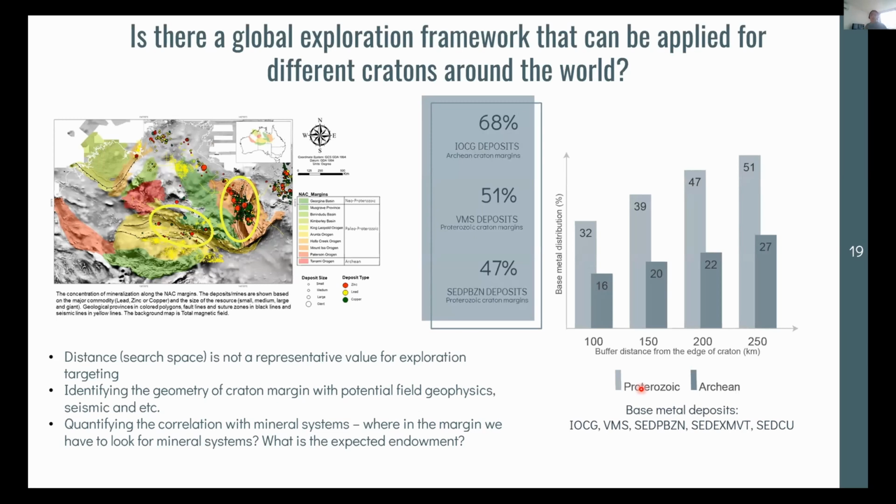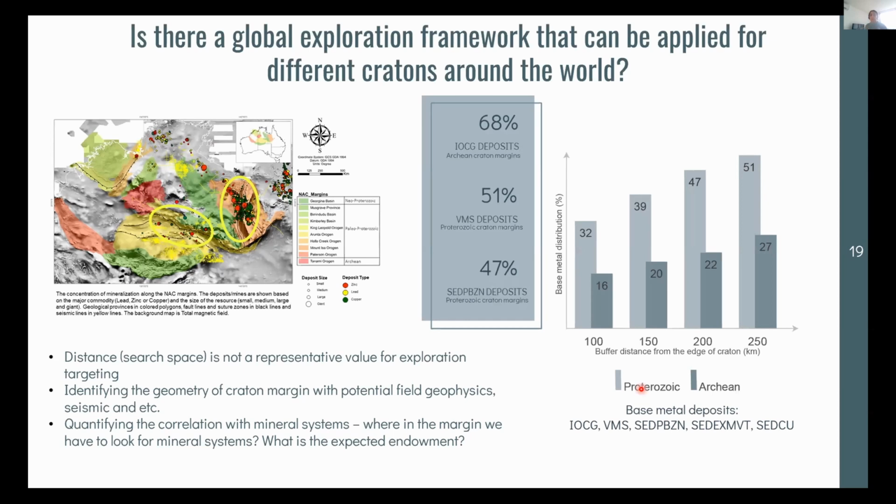What I've found so far is that we need to know what the geometry is, inward or outward. Are we in the hanging wall or the footwall? Because the story can be quite different on each side. And then it can give us an understanding of whether we can expect any mineral system in this area or not, so we have more information in that regard.